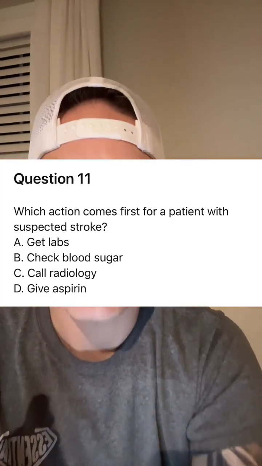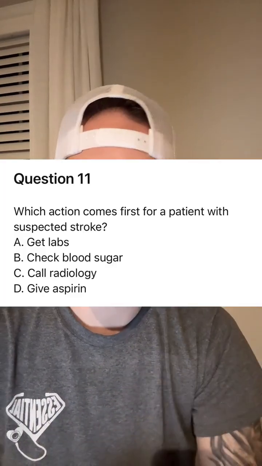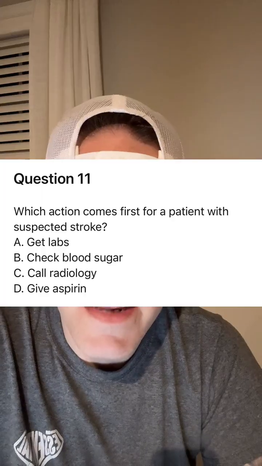All right, guys, let's jump back into it. Let me find question 11. Question 11: which action comes first for a patient with a suspected stroke? Let's jump into it, guys.